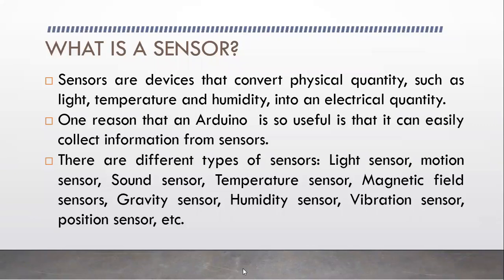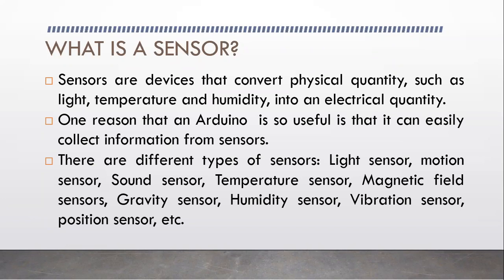Similarly, we have other sensors too. You could see here the physical quantities like light, temperature, and humidity. For light also, I think I gave this example in the last session. Here you have a photoresistor, guys. A photoresistor is also a component with some resistivity which depends upon the light.